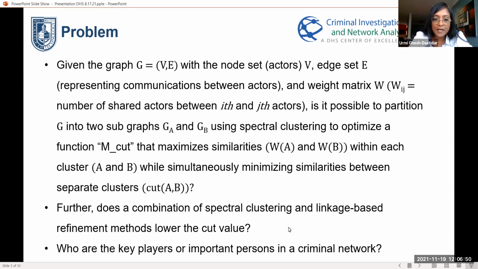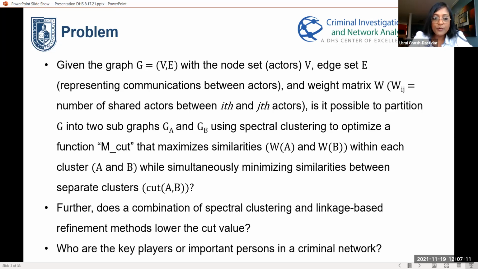And on top of that, we also try to improve the result obtained by spectral clustering using a linkage-based refinement method to see whether it improves our cut value, which means whether it lowers our objective function. We'll show you the objective function later.